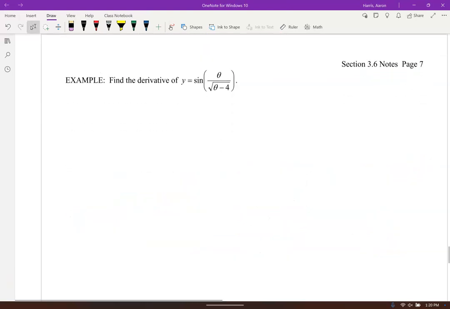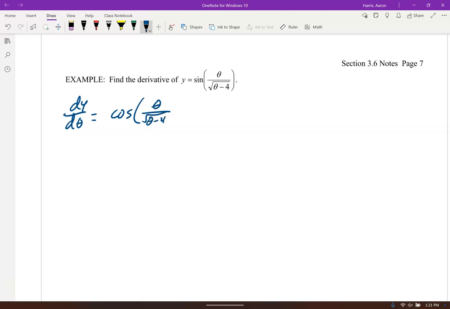All right, we've got one more here. Let's go ahead and take this dy d theta. So we would have the derivative of sine is the cosine of that stuff. And then now I've got to take the derivative of the inside. Well, I'm going to have to do the quotient rule, right? So derivative of the top is 1 times the bottom, square root of theta minus 4, minus the top, derivative of the bottom.